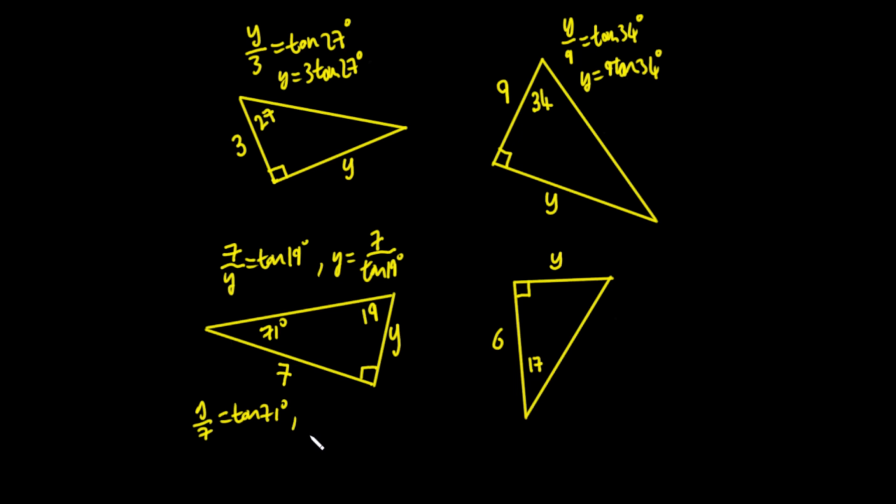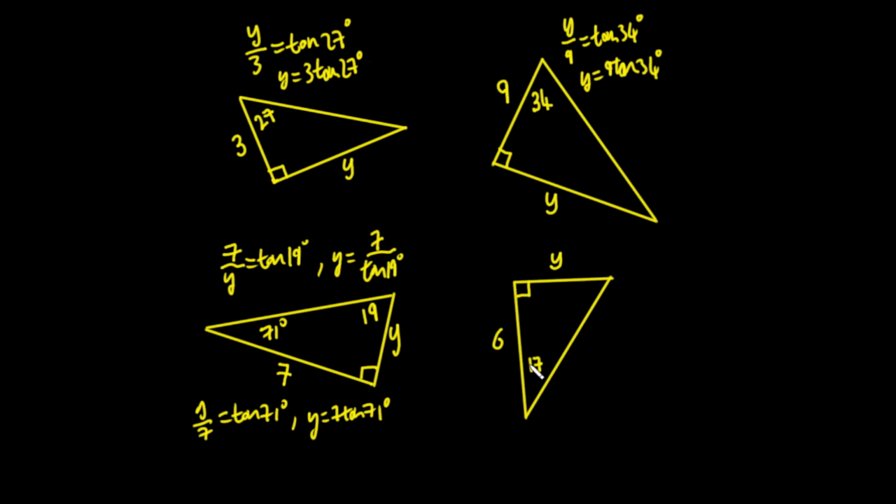So therefore we can say that y is equal to 7 tan 71 degrees. So if you type in 7 tan 71 degrees, it'll give you the same value as 7 divided by tan 19 degrees, and this will be the length y.